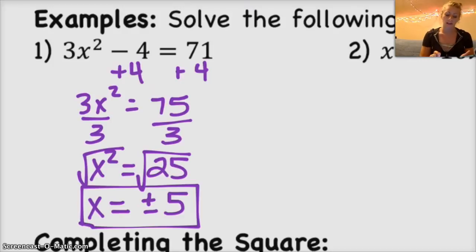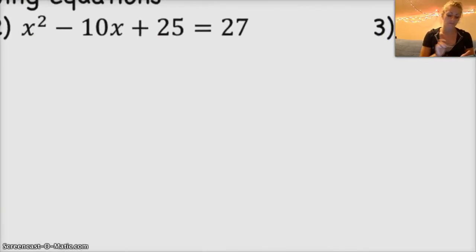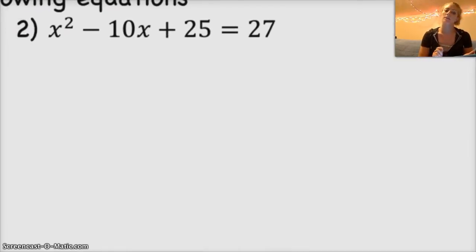Alright, next problem: x squared minus 10x plus 25 equals 27. Now this one is a little bit different because if you take a look, this side by itself factors really nicely.